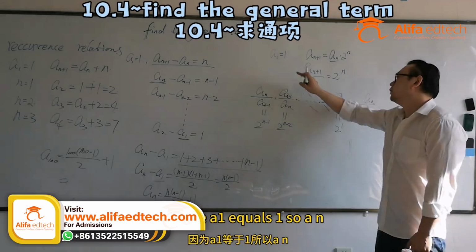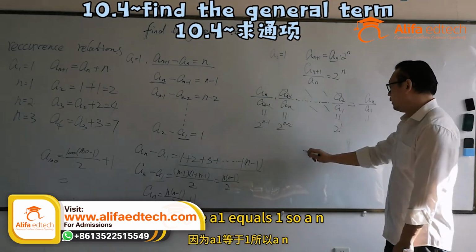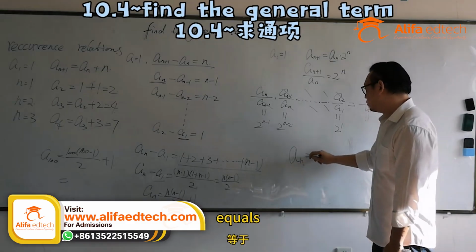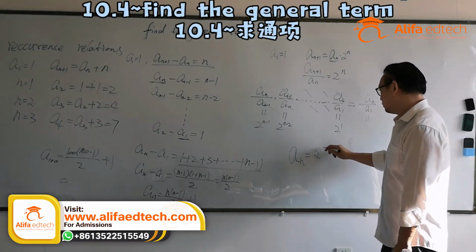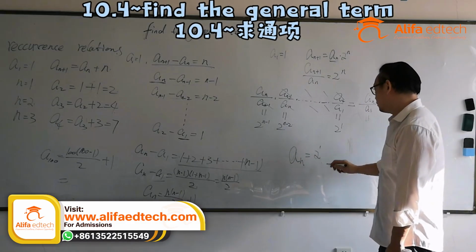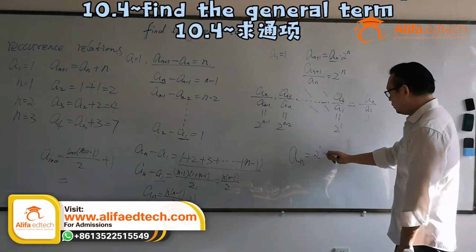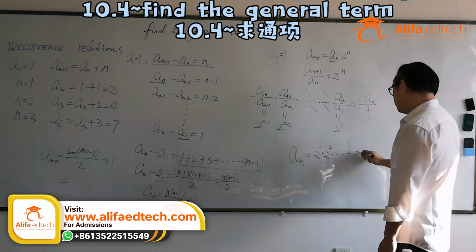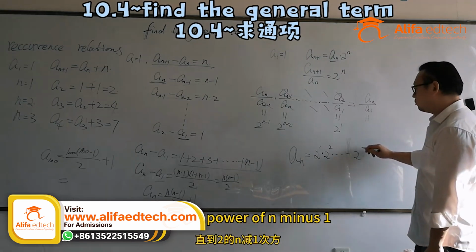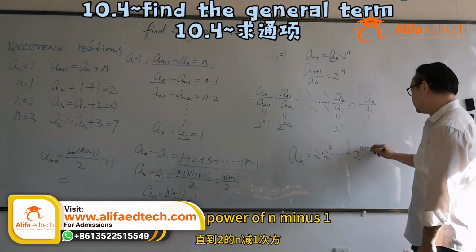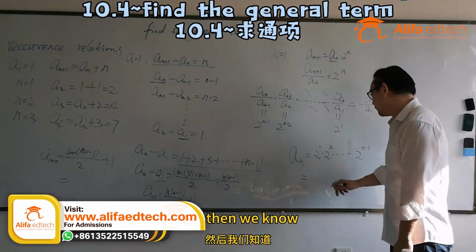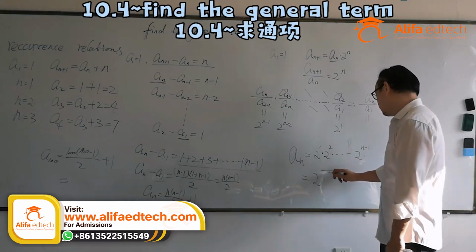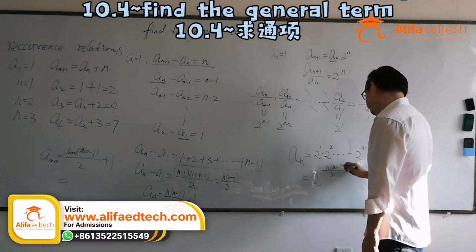Because a1 equals 1, so an equals 2 to the power of 1 times 2 to the power of 2 times until 2 to the power of n minus 1. And then we know the result is this.